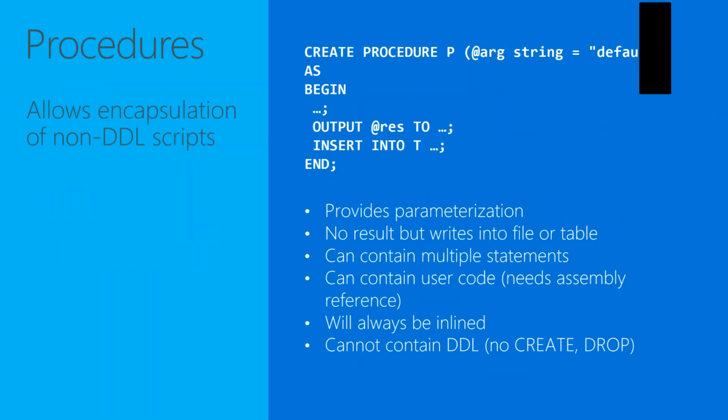As in SQL Server, you cannot have DDL statements inside procedures. Like table-valued functions, it gives us parameterization. It can contain multiple statements. It can contain user code. It will always be inlined as well, similar to the inlining that we get in table-valued functions.